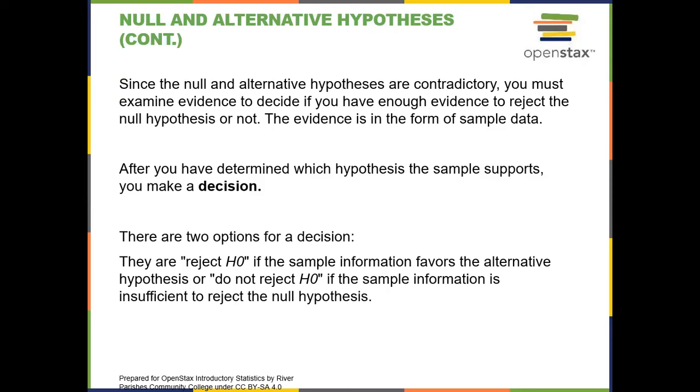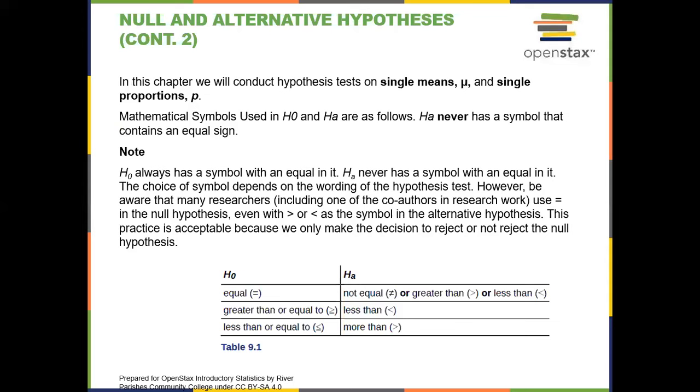There are two options for a decision. They are: reject the null hypothesis if the sample information favors the alternate hypothesis, or do not reject the null hypothesis if the sample information is insufficient to reject the null hypothesis and therefore to support the alternate hypothesis.